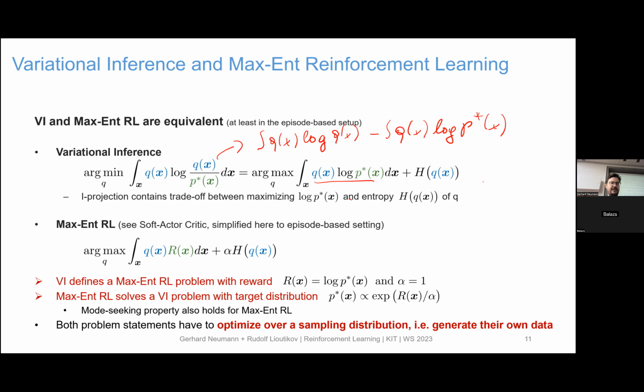And in variational inference, we said it's a minimization problem. I can always turn a minimization problem into a maximization problem, isn't it? I can just multiply everything with -1, then it looks like that.